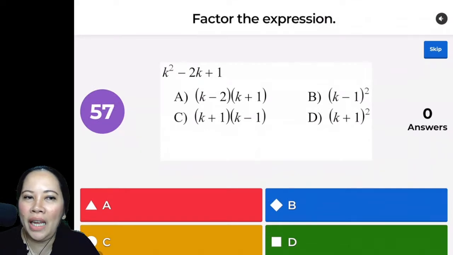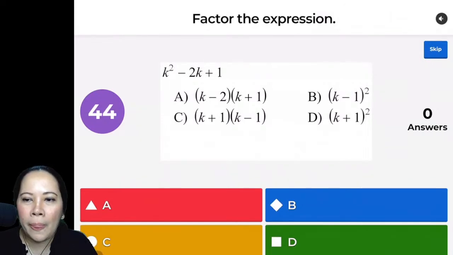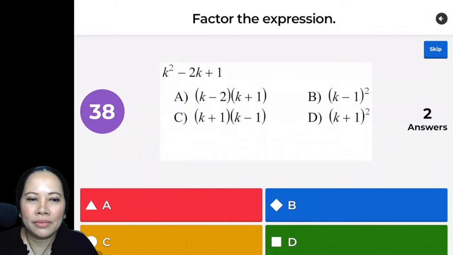Factor the expression then. What is the factor? What will be the factor?